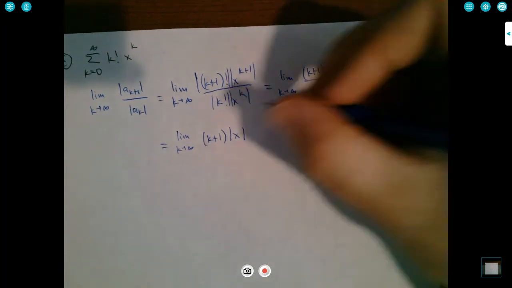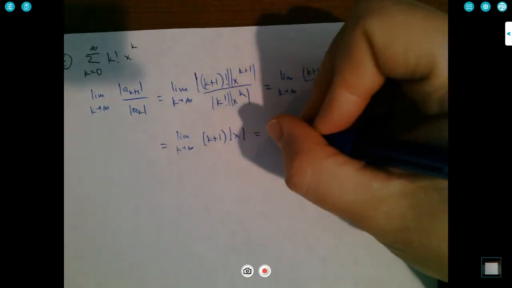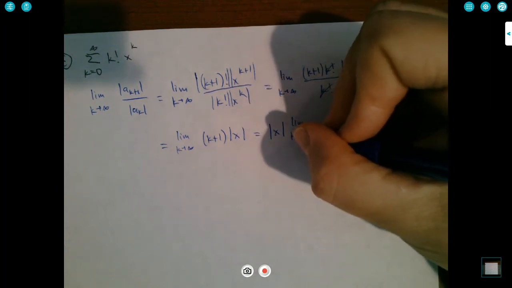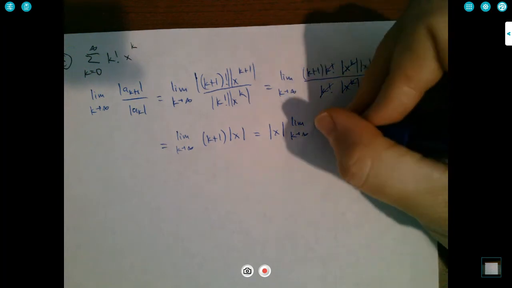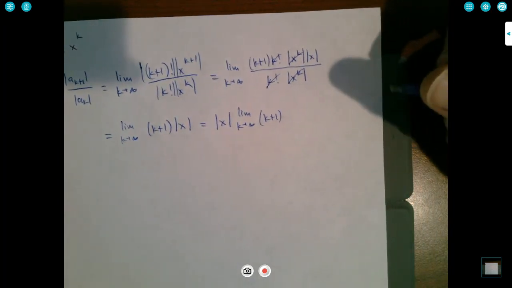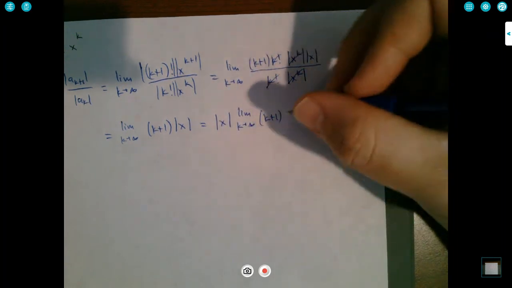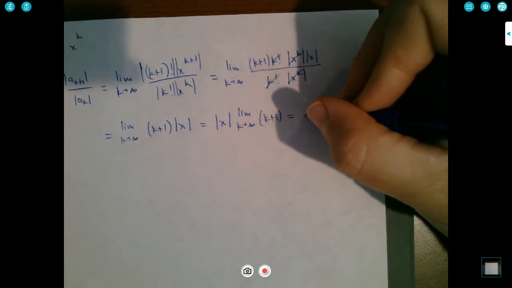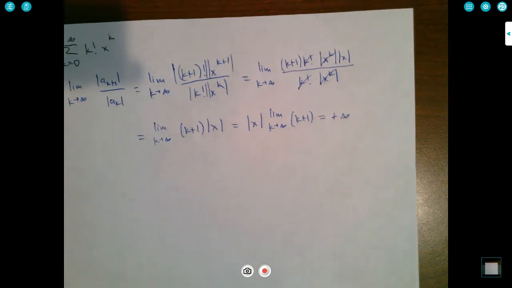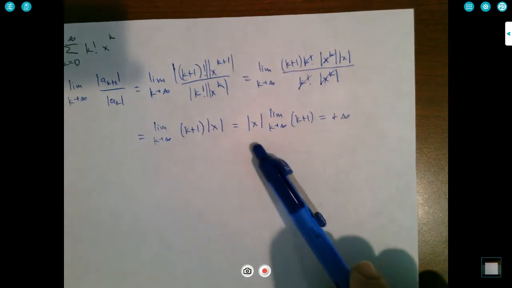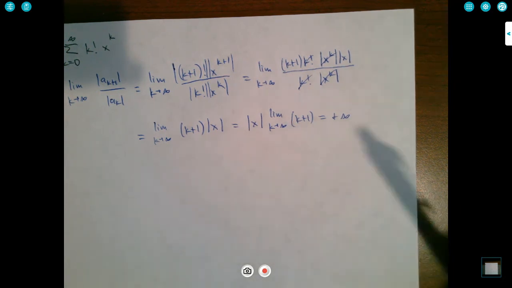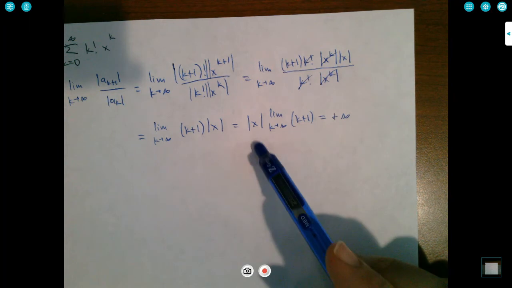And again, if you like, you can pull out the absolute value of x, since it doesn't rely on k. That's going to be some fixed number times infinity, which is just positive infinity, regardless of what x is, right? This part's going to go to infinity, so x times this thing is going to go to infinity. Doesn't matter because x is a fixed value.